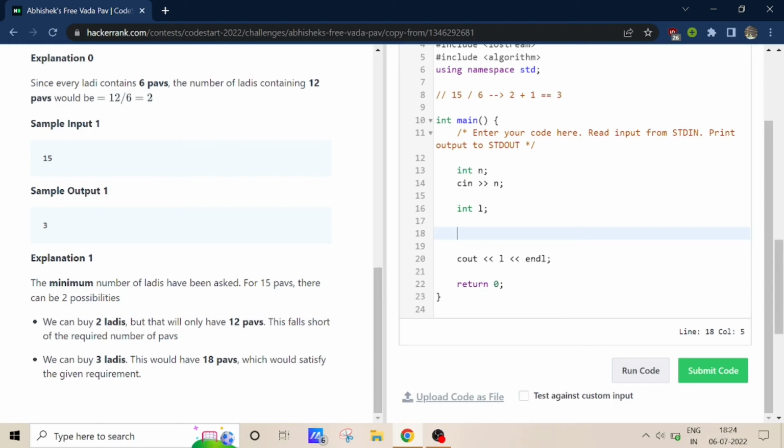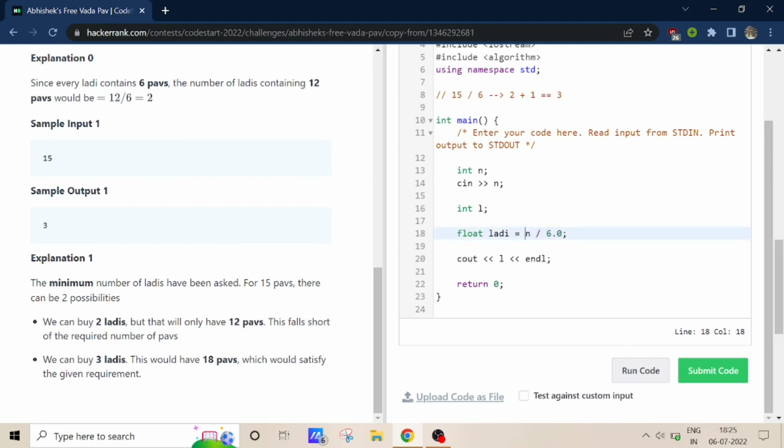What I could have done is I could have taken some double or some float, let's say ladis, and I would have said that let this contain the floating point division of these two numbers. Now this wouldn't work because we know that n is also an integer and 6 is also an integer. So either I typecast this to a floating point number, or I can just say this is my floating point number. And this would contain some ladis of pav, which is the result of this floating point division.